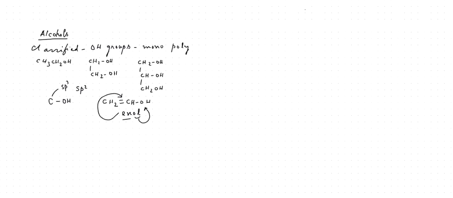And also, alcohol can be primary, secondary, and tertiary. So what is the primary alcohol? In a primary alcohol, the OH group is attached to a primary carbon atom. What is a primary carbon atom?